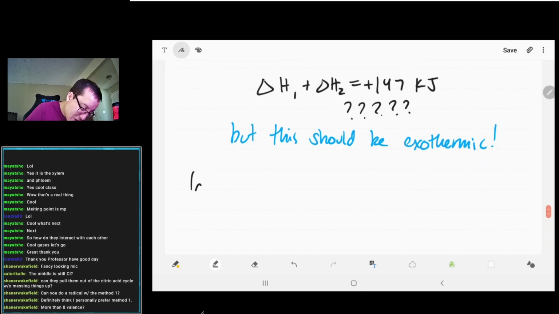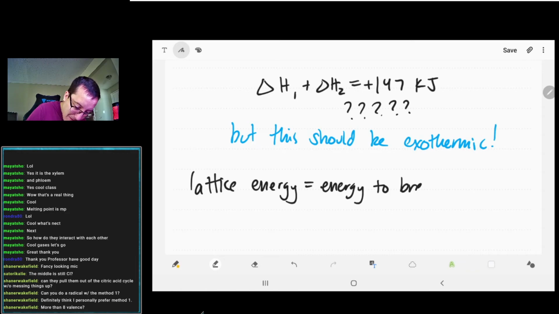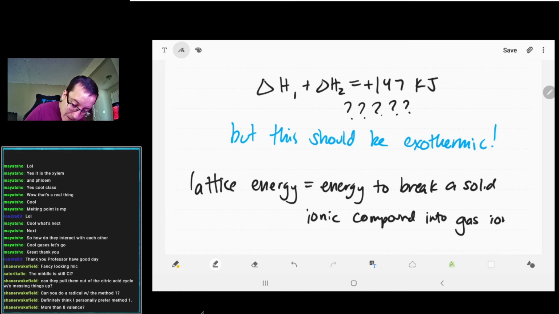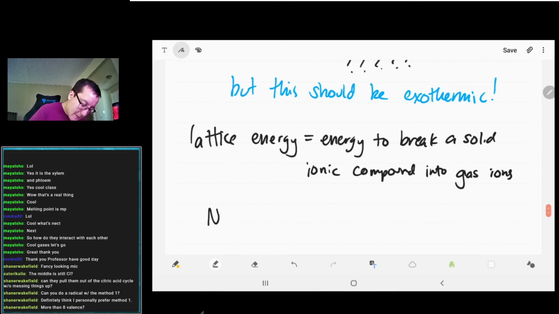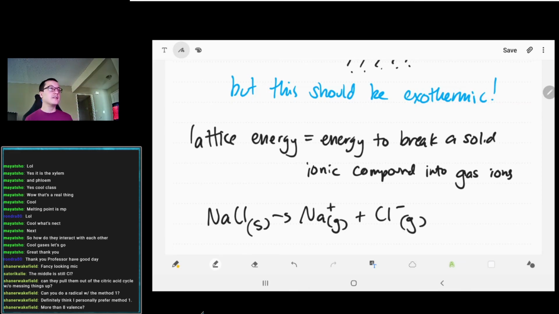And so lattice energy is going to be the energy to break a solid ionic compound into gas ions. So that would be, for example, this reaction.